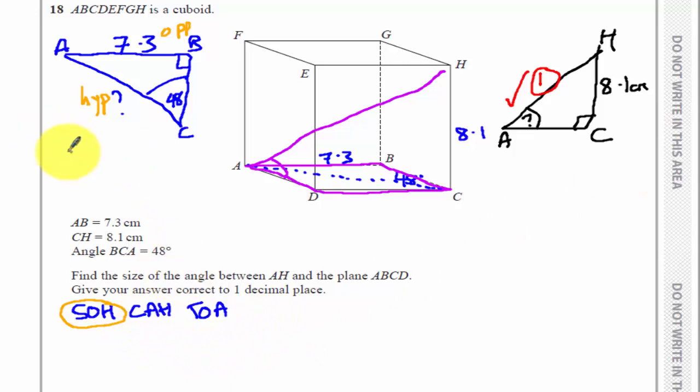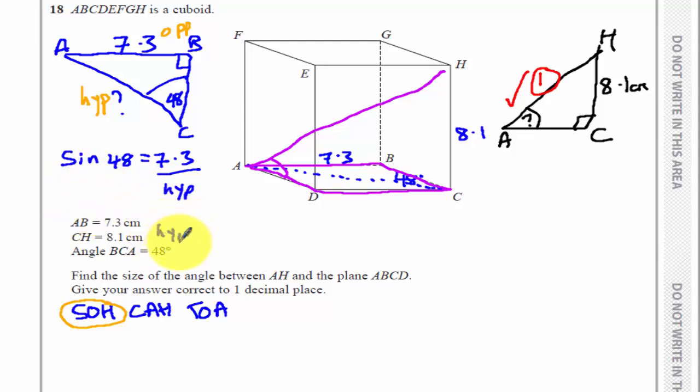So I know the sine of 48 is the opposite divided by the hypotenuse. I want the hypotenuse on its own on one side, so I'm going to multiply both sides by the hypotenuse.